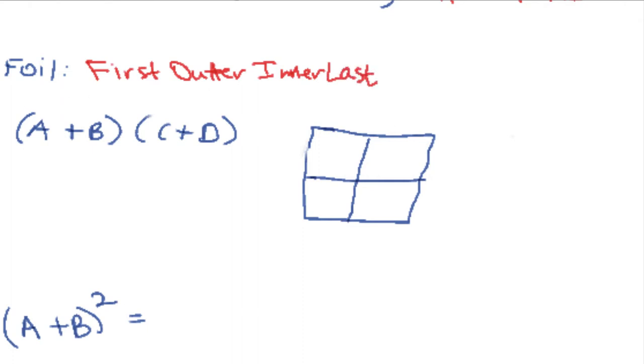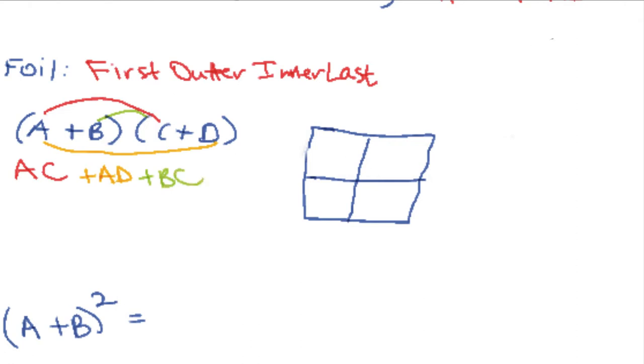If you take the first two, multiply them together, then you take the outer two, multiply them together, and then take the inner two and multiply them together, and then take the last two, multiply those together, you have FOILed.